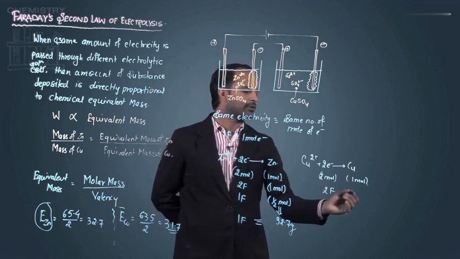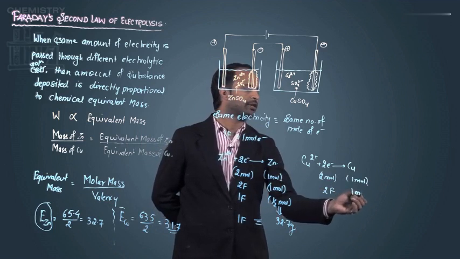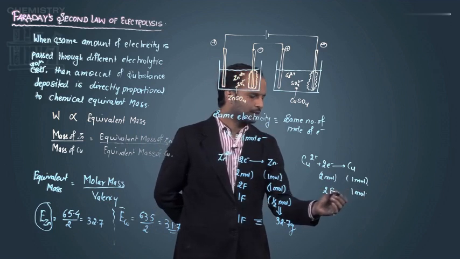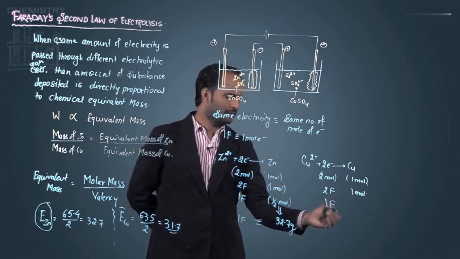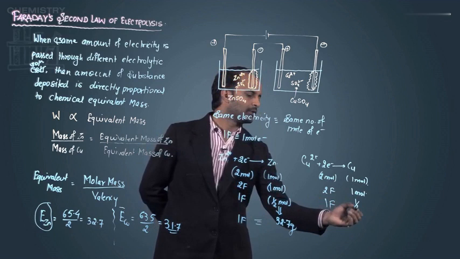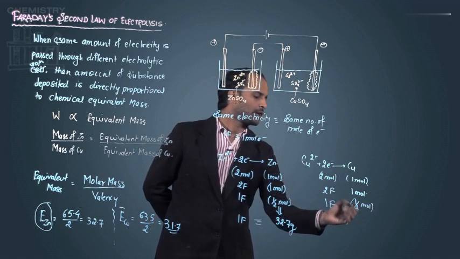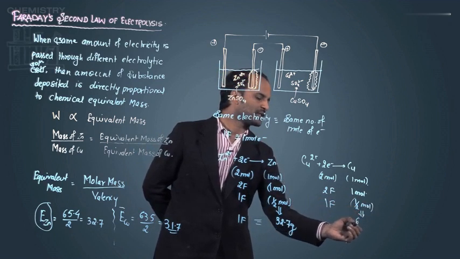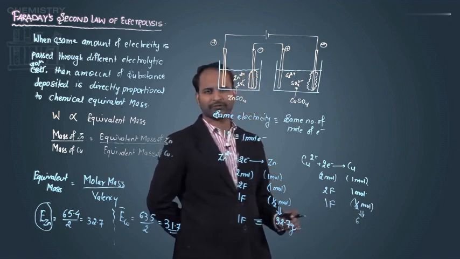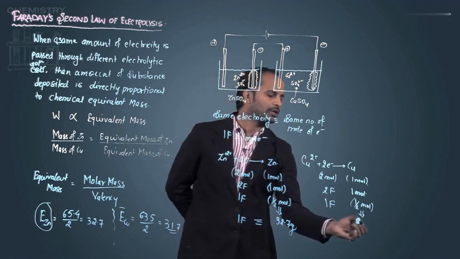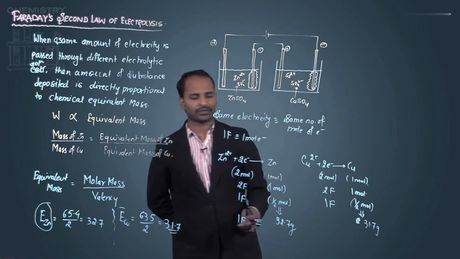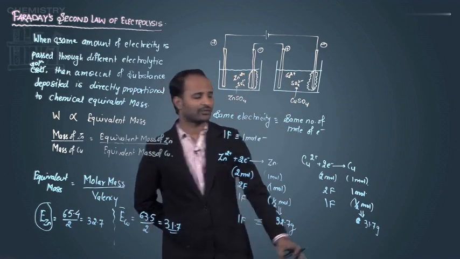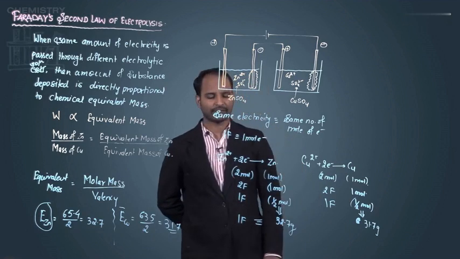So if I am passing 1 Faraday of electricity, then here it is half a mole, and 1 mole is 63.5, so half a mole is 31.7 gram. So on passing 1 Faraday of electricity, zinc deposits 32.7 while copper deposits 31.7.